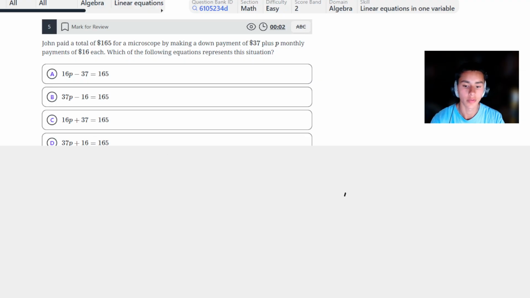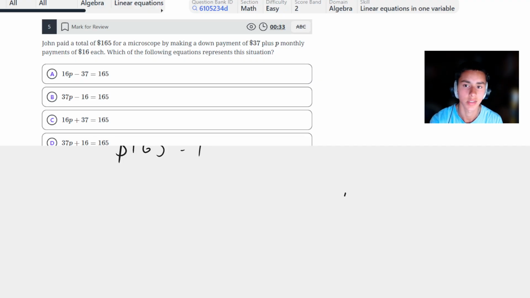John paid a total of 165 for a microscope by making a down payment of 37 plus p monthly payments of 16 each. Which of the following equations represents the situation? All right, so he's trying to pay off 165. That's the end goal. And he's doing payments of $16 a month. So our 16 is kind of acting like an x value because every x amount of months it's paying $16.